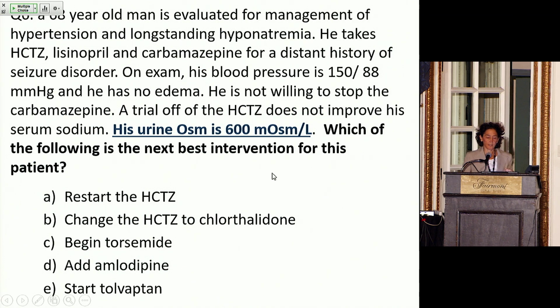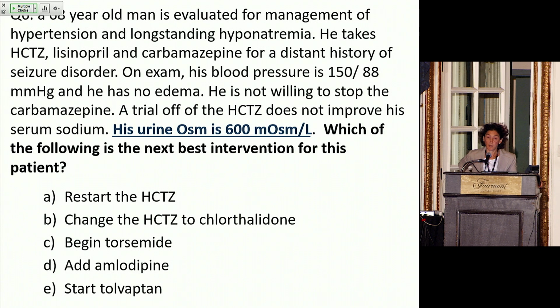Okay, so let's do this next question. I think it's a 68-year-old man who is evaluated for management of hypertension. He also has long-standing hyponatremia. He takes hydrochlorothiazide, lisinopril, and carbamazepine for a distant history of a seizure disorder, and he doesn't want to stop that.